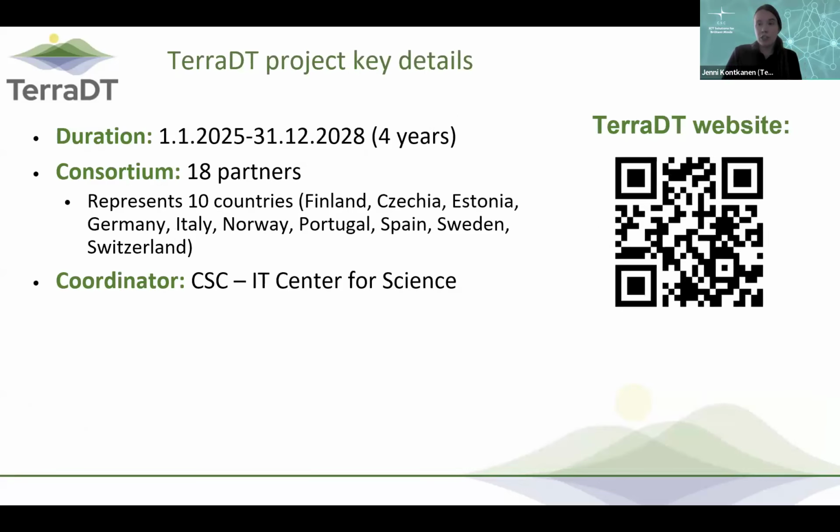The TerraDT project started at the beginning of this year and will last for 4 years. The consortium includes 18 partners and represents 10 countries: Finland, Czechia, Estonia, Germany, Italy, Norway, Portugal, Spain, Sweden, and Switzerland. We at CSC IT Center for Science coordinate the project, and you can find the TerraDT website behind that QR code.